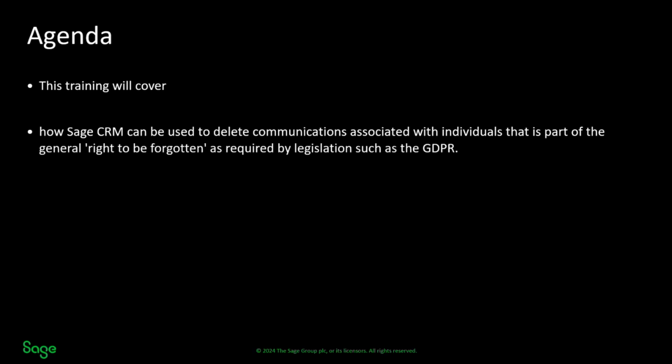So we're going to be looking at how we can delete communications and how, as a wider discussion of that, how the process of deleting communications is part of the process of removing data that no longer should be retained inside the system. And we'll be looking at the practicalities of that and how that's implemented inside Sage CRM.